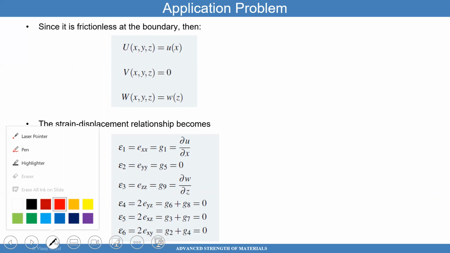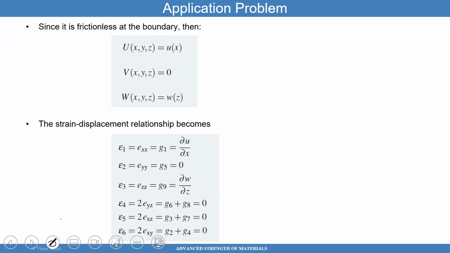And then there are no shear strains, because you can see quickly that if I evaluate, for example, twice epsilon yz, that's the partial of v with respect to z plus partial w with respect to y.